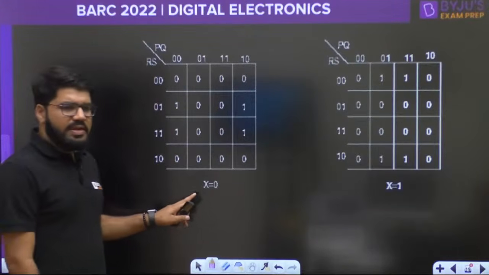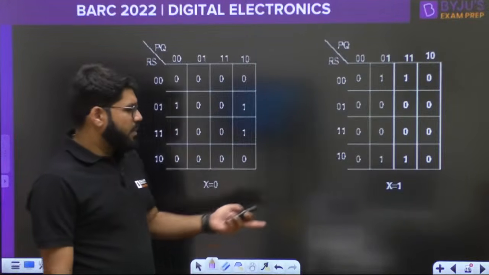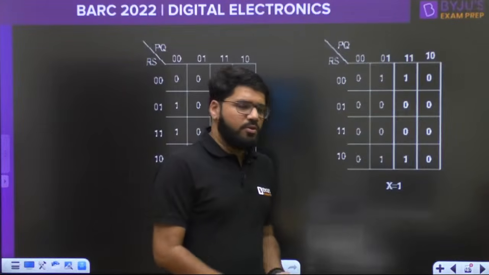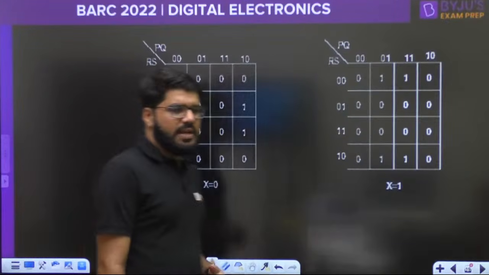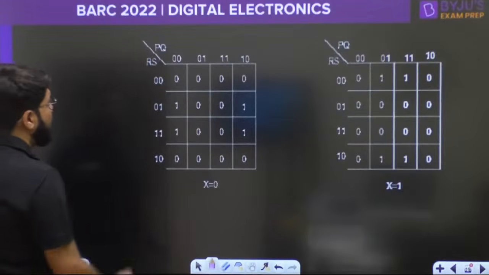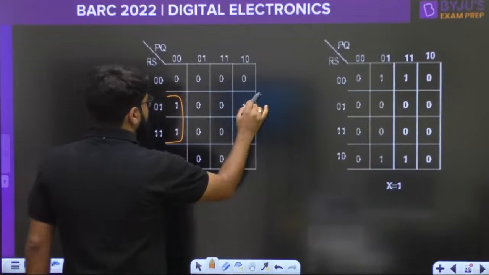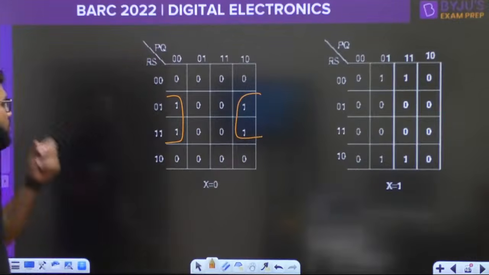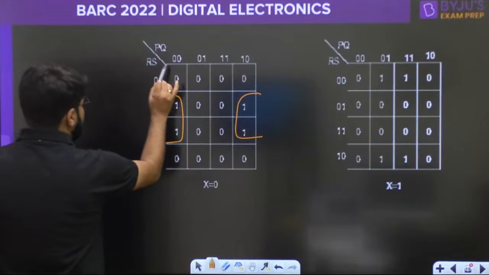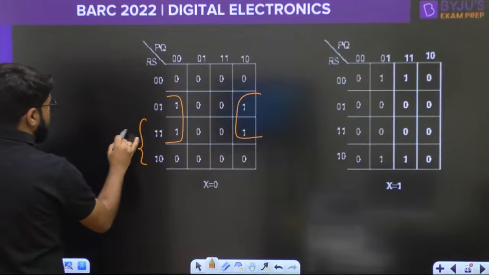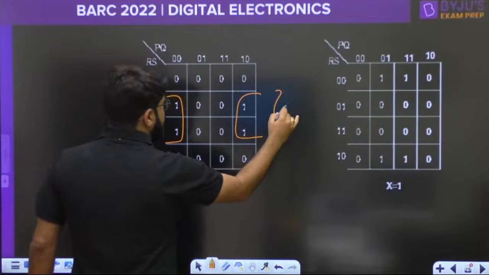So we take it into 2 mirror image K maps of 4 variable. In the first we take X equal to 0, whatever variable you want to take as the MSB, and here we take X equal to 1. Now the ones are given to you. It's a very simple case, you need to do the grouping as you always do. Here it is RS, here it is RS, so this should be the R and this is the S portion.